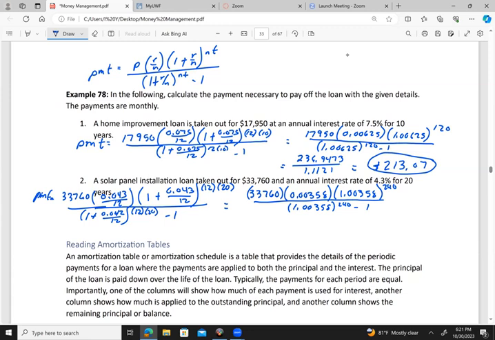In case you forget, 1.00358 caret 240. And that leaves us with, across the top, 284.9476 and 1.3577, which leaves us at $209.88.